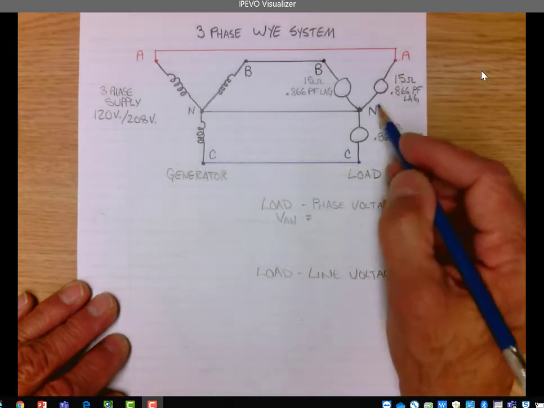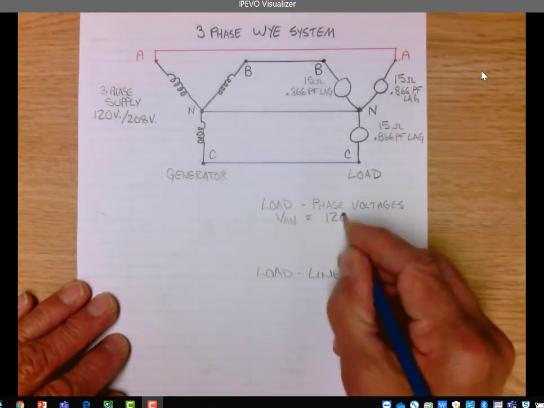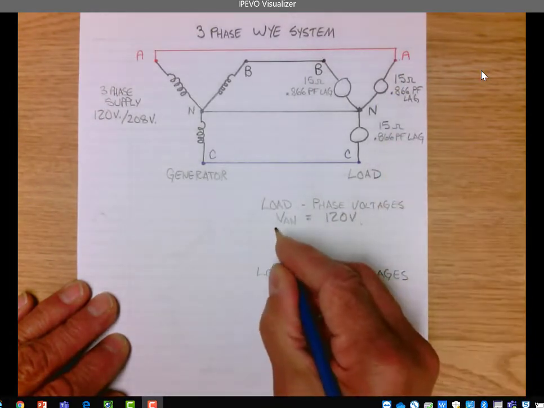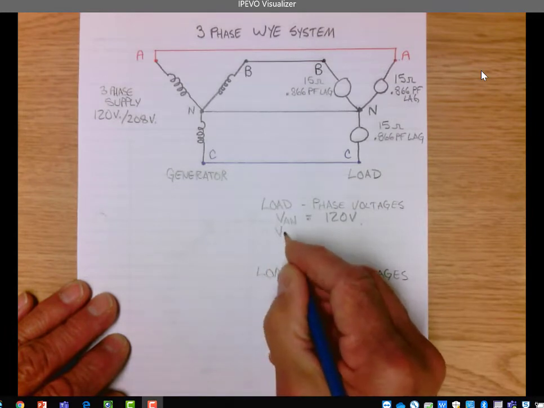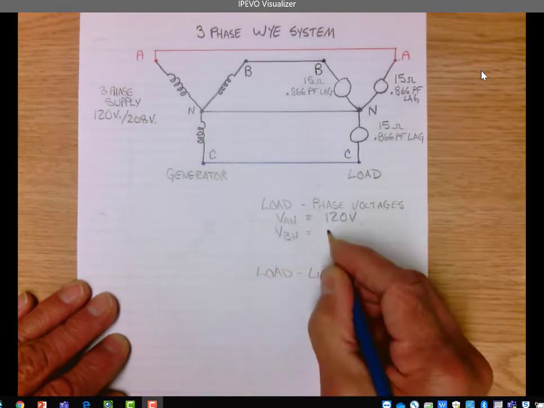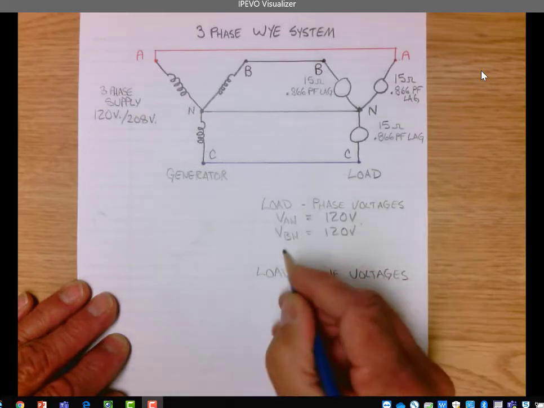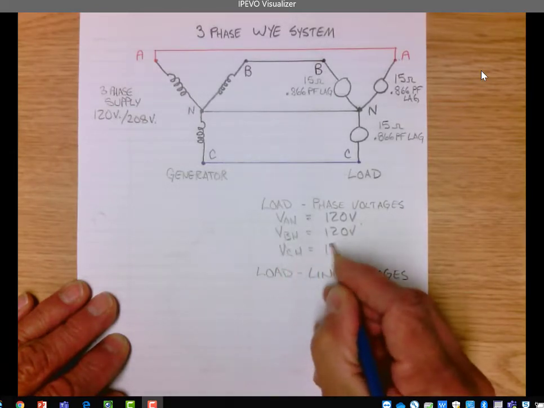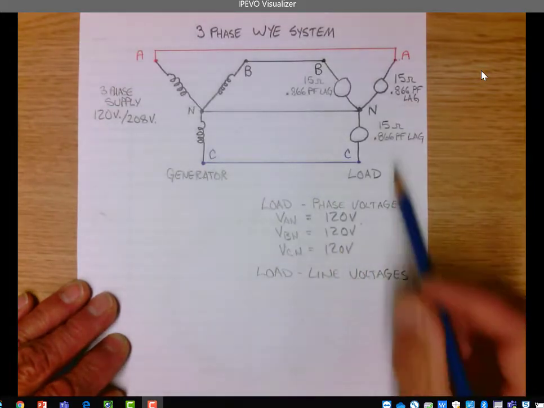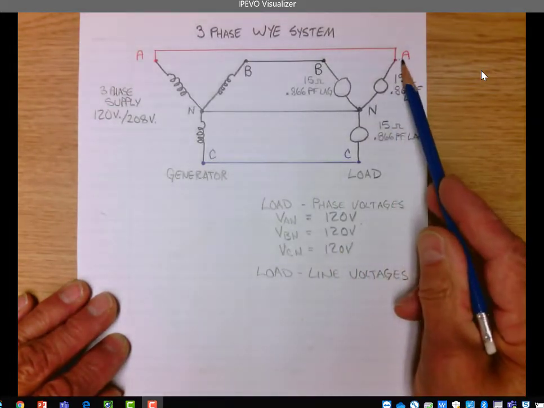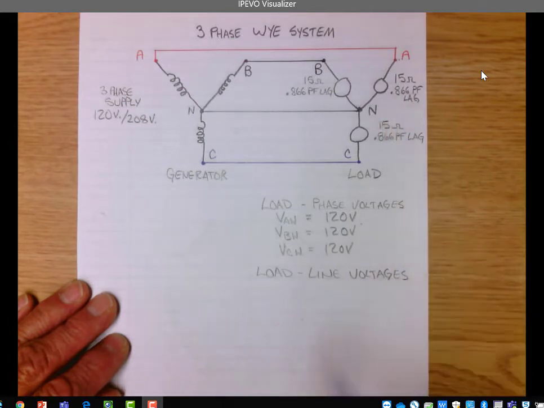So the voltage from A to neutral is 120 volts. The voltage from B to neutral is 120 volts. And the voltage from C to neutral is 120 volts. So our phase voltages are always phase to neutral.